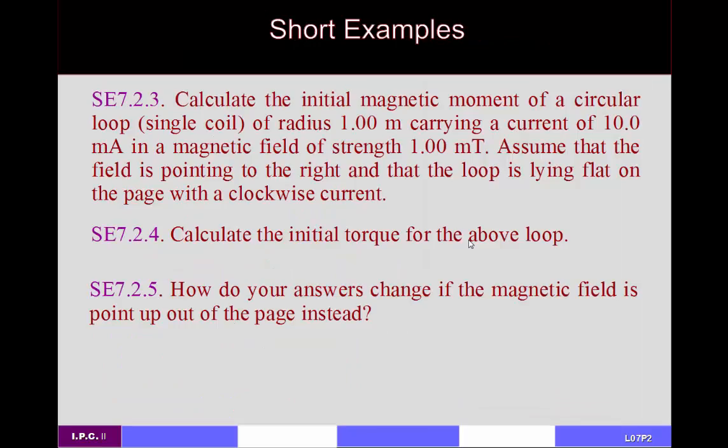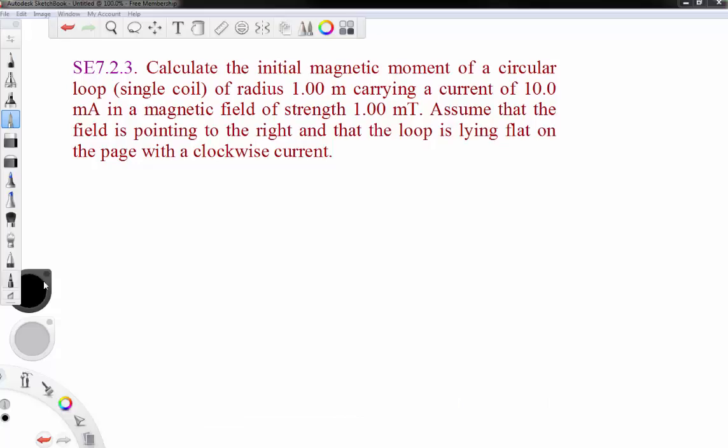So let's look at a few more short examples at this point. First of all, we want to calculate the initial magnetic moment of a circular loop of radius 1 carrying a current of 10 milliamps.